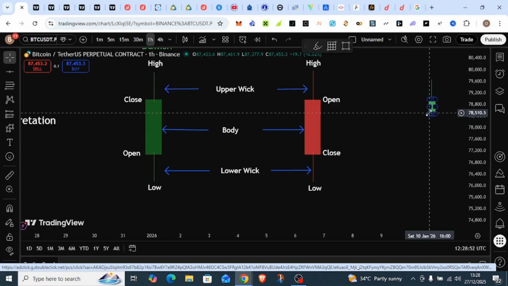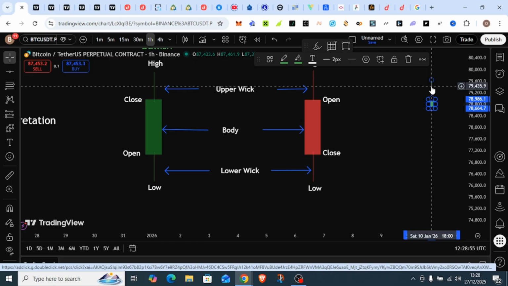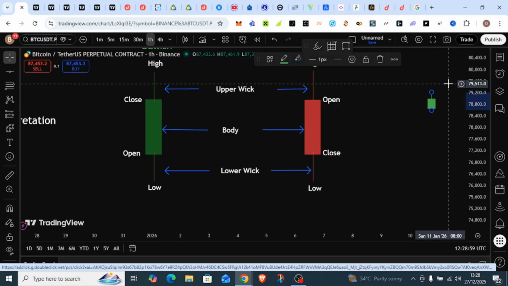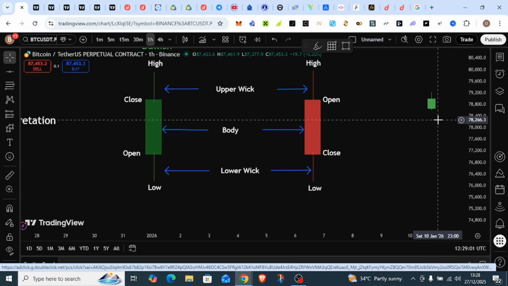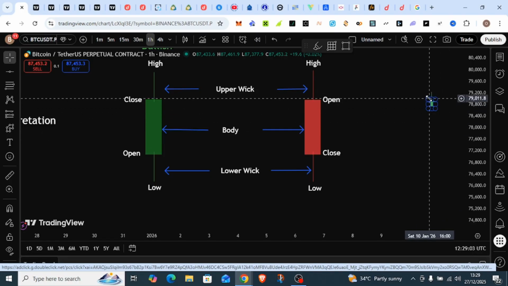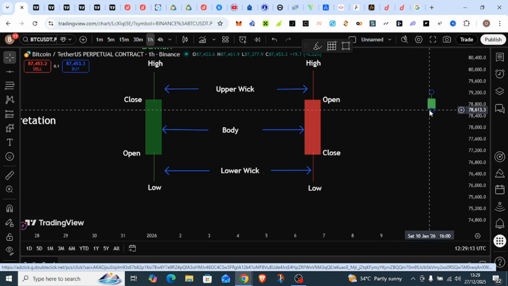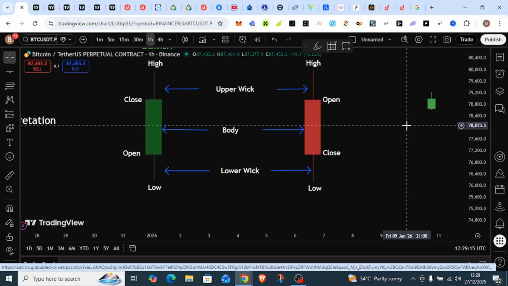Let me reduce the candle, show small body. This kind of candle now shows indecision. This is a candle that shows indecision. The body is just small. It shows indecision or low volatility.